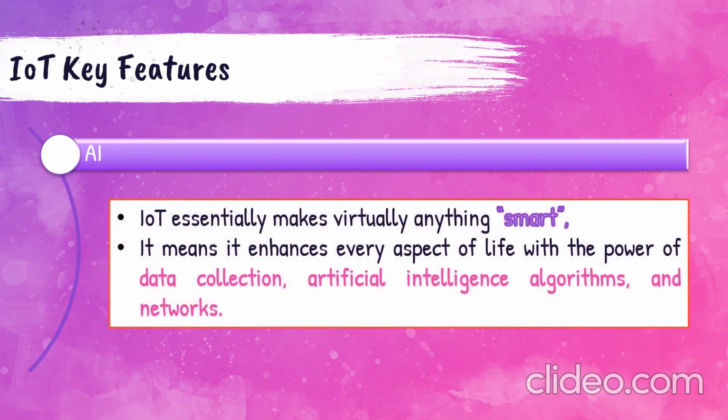Intelligence. IoT essentially makes virtually anything smart. Whenever we are talking about smart devices, there is an application of IoT, which means it enhances every aspect of life with the power of data collection, artificial intelligence algorithms, and networks.